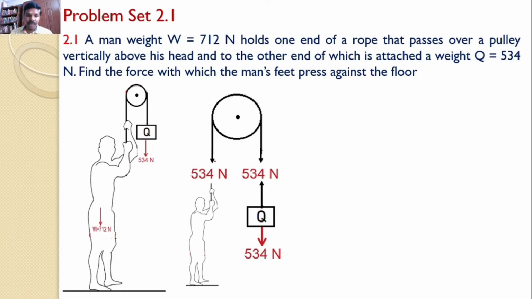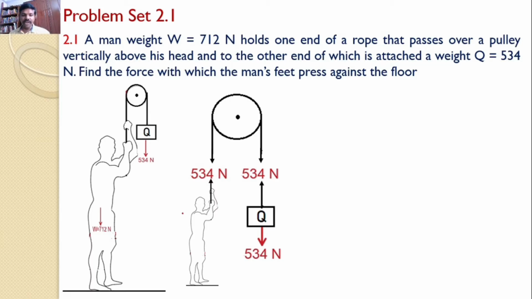Now the same rope is held by the man. That means the force acting in the rope which is held by the man must be upwards, by considering the equilibrium of the rope, and the magnitude is 534 newtons.